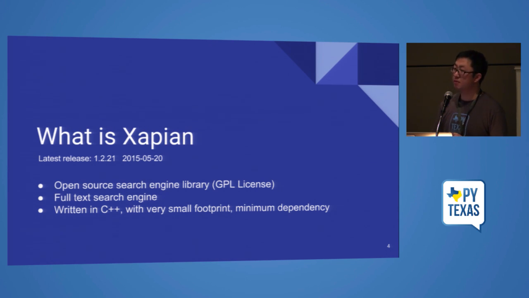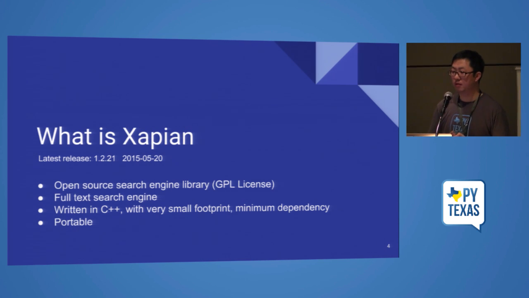Xapian is written in C++, but it has a good Python binding. It has a very small footprint. With all the dependencies and its Python binding, the size of Xapian is around 30 megabytes, and it requires minimum dependencies to add to your application. It's very portable.